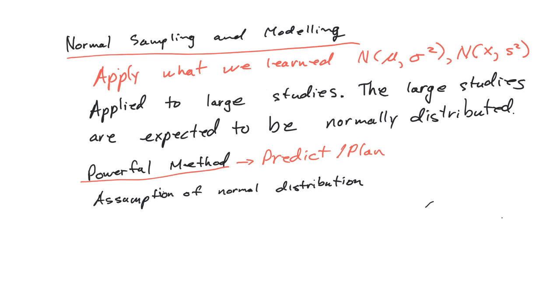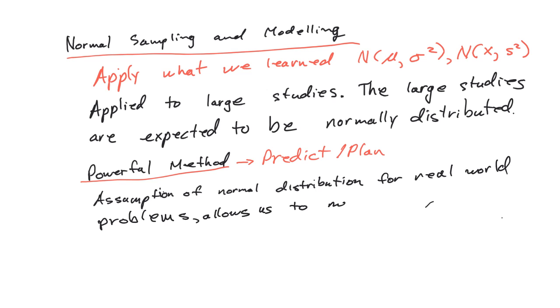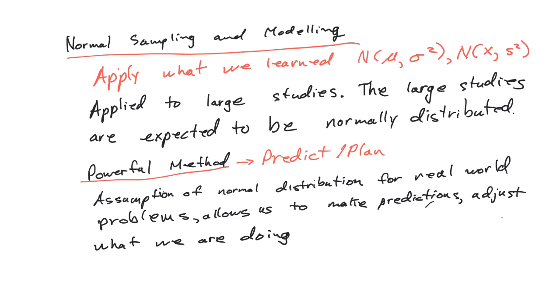When we assume that we have a normal distribution for real world problems, this allows us to make predictions and possibly adjust what we are doing in a business, in your school, in your studies, in population. That's it, really. So let's talk about the application.